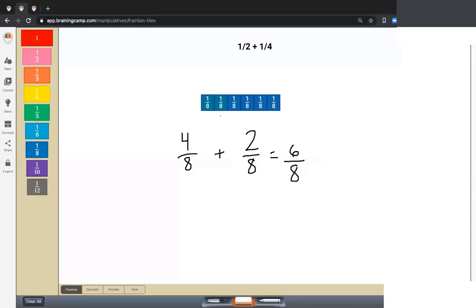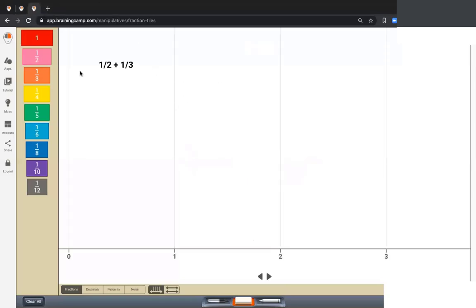There they are. Let's look at this from a different perspective on the number line. So right here I have 1/2 plus 1/3. So as of now, my two fractions do not share a name. I have one piece that is named in terms of halves and one piece that's named in terms of thirds. I really don't have a name for this right now.